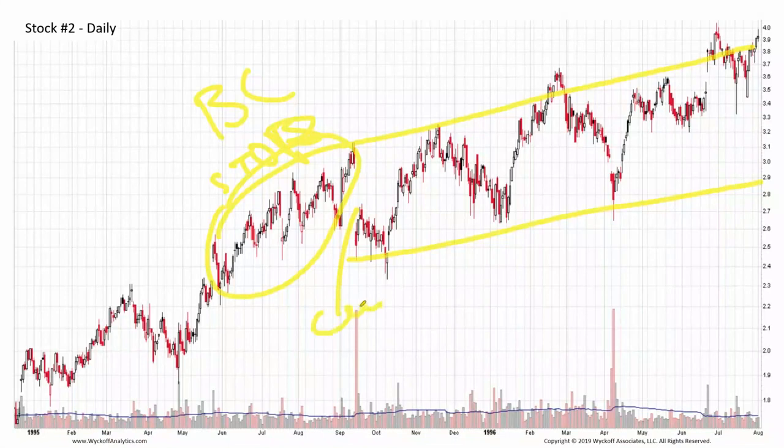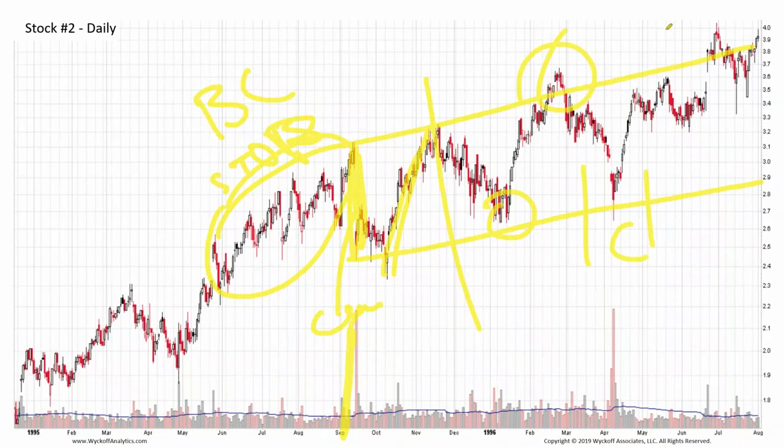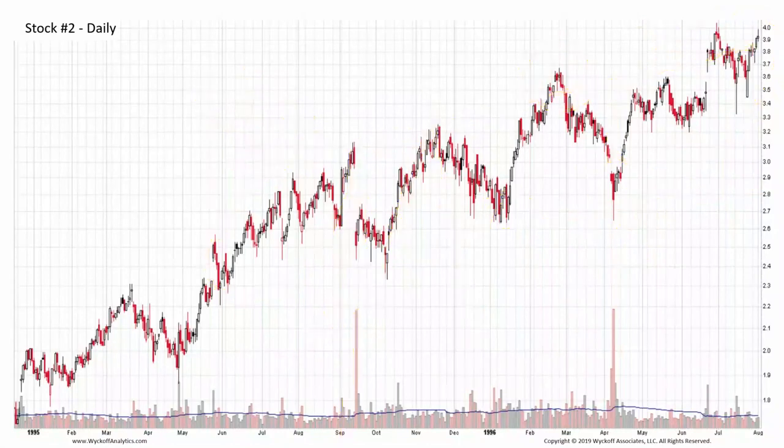Change of character, we see that from the volume signature and the gap test. Phase A, B, C, and then we are in D. And D behaves exactly how we want it. So yes, there is a lot of logic here as to why this selection.